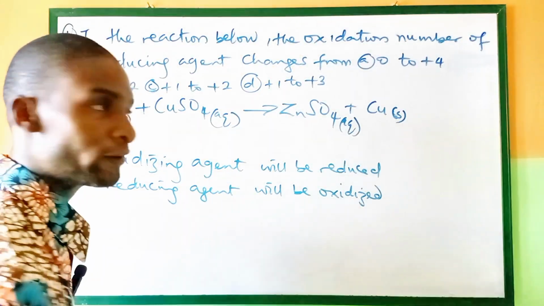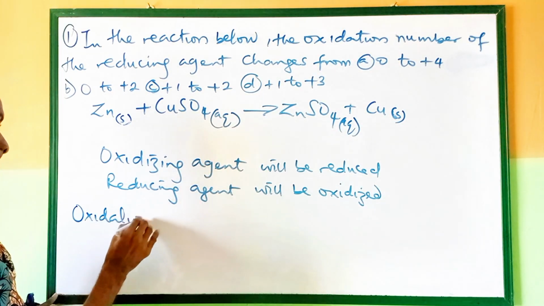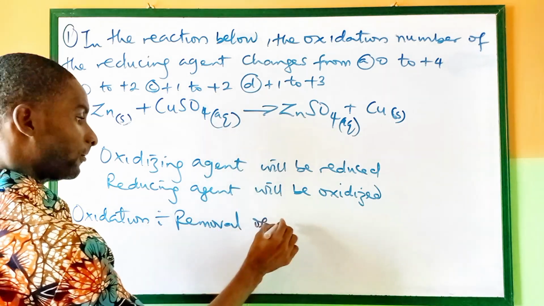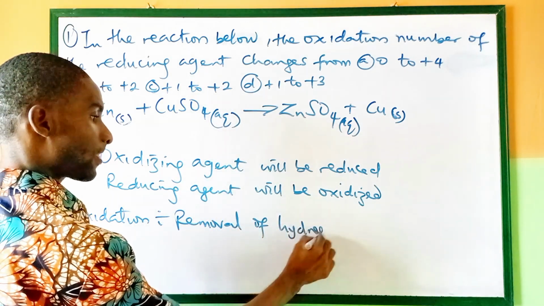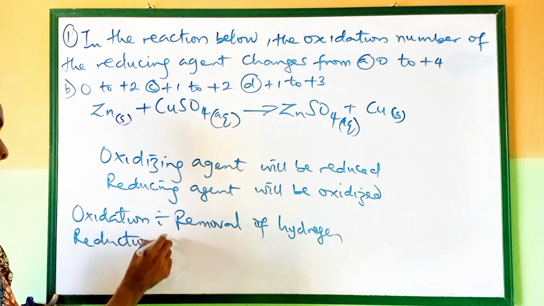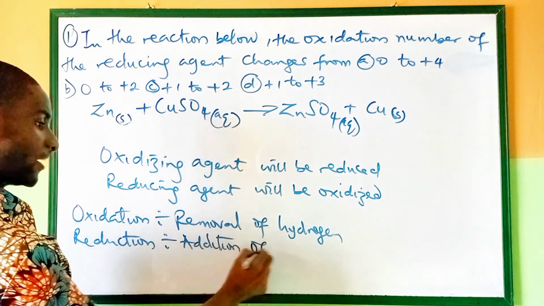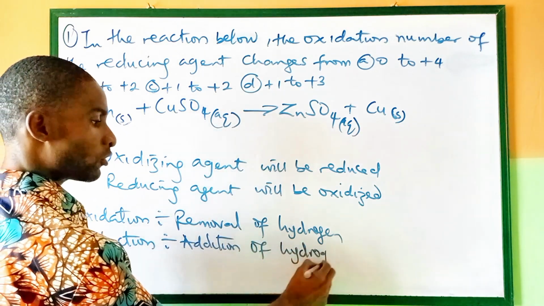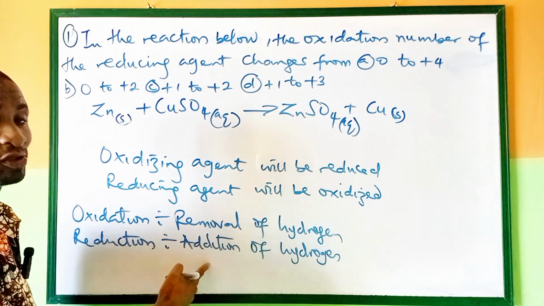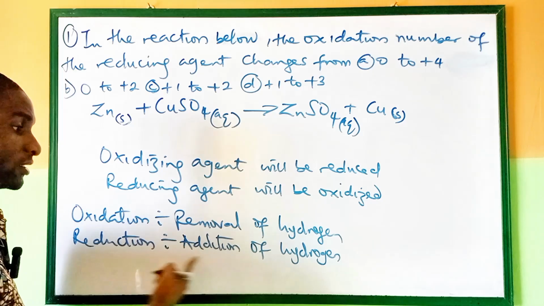So I said in terms of hydrogen, oxidation is removal of hydrogen, and reduction is addition of hydrogen. So it's the reverse of what you have for oxygen. For oxygen, addition of oxygen is oxidation, but in terms of hydrogen, reduction is addition of hydrogen.